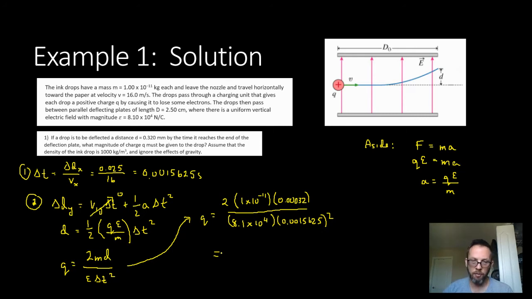Right, so I got about 3.24 times 10 to the minus 14 coulombs. So I'm going to double check because I got 3.28 the last time I did this problem. No, everything seems pretty good. Yeah, we'll just go with that. So that's the charge on a single droplet.